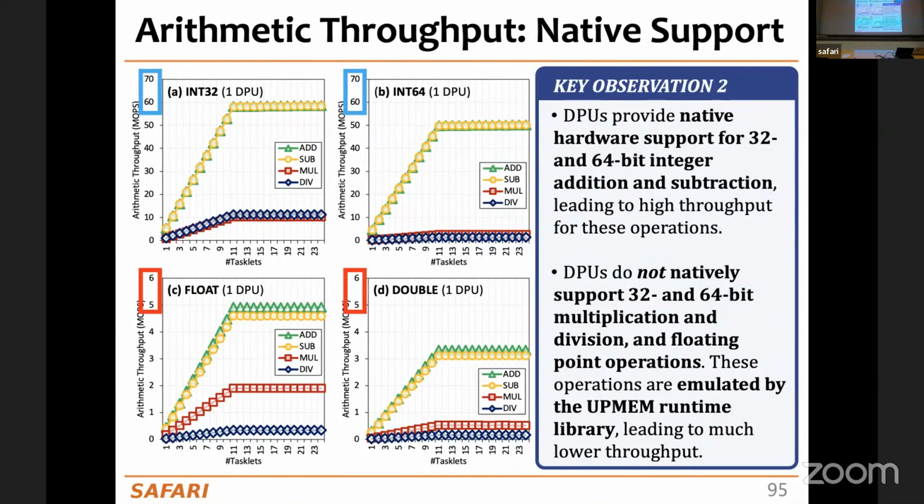It's a very little processor with a very simple pipeline with low speed, and with limited support to different instructions and operations, right? That's why multiplication and division and floating point operations are way slower than addition and subtraction of integers that are natively supported. Is this an issue?